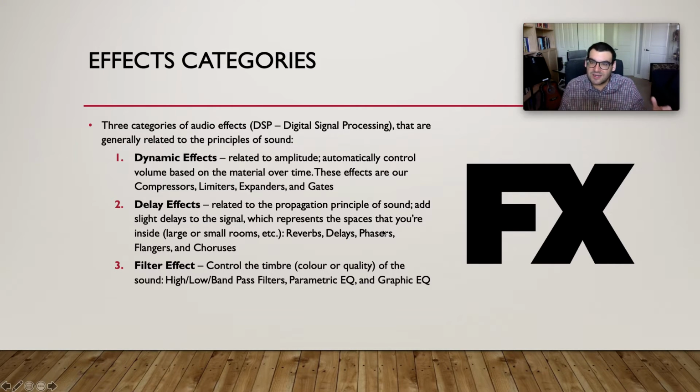So if you're recording in your home, you may want to add delay effects so that the sound that you're getting through your monitors and that you're recording makes it seem like you're in a very large hall. And you can also include filter effects as well that control the quality or the color of the sound, the timbre of the sound.